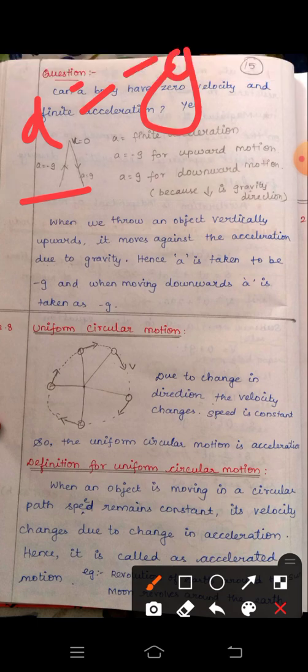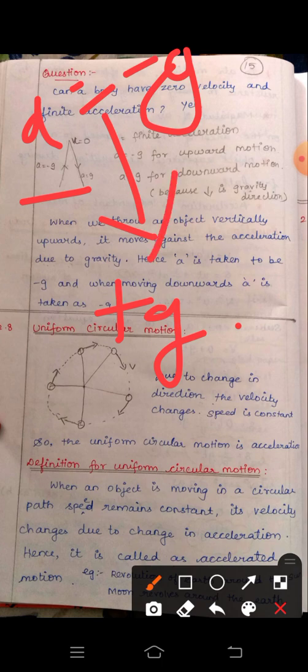When moving downwards, a is taken as plus g, because while coming down it is along with the acceleration due to gravity. So it is taken as positive.